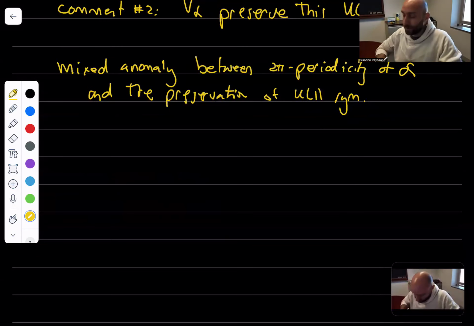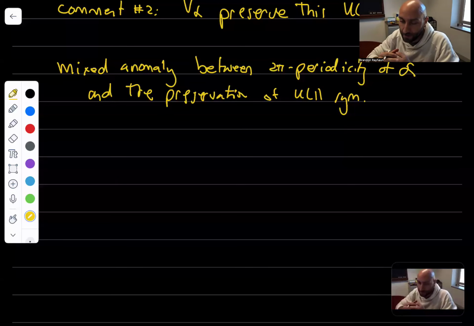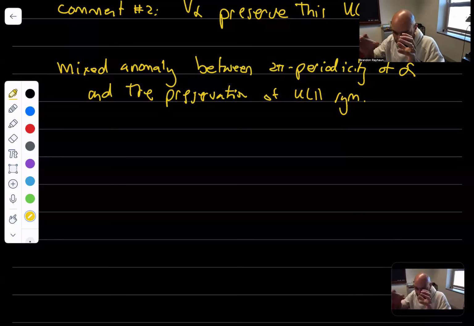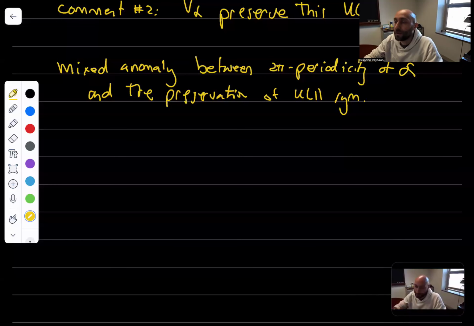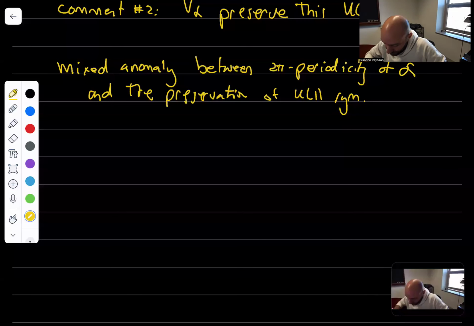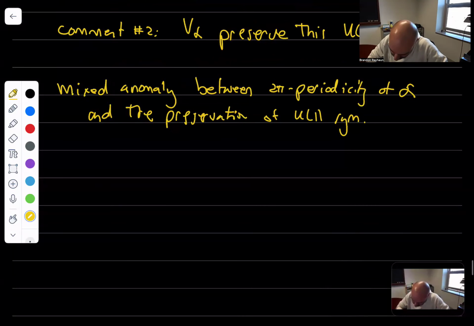So if you were trying to detect a mixed anomaly between two ordinary symmetries, one way that you could proceed would be to couple one of them to a background gauge field and then observe that the other one is violated. So we can do something similar here. Suppose that we want to couple to a background gauge field A for this U1 magnetic symmetry.